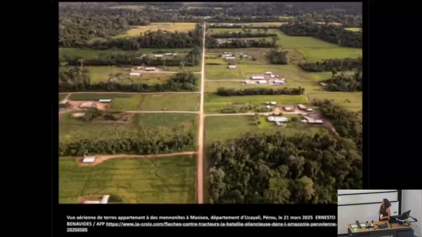This is an aerial view of their colonies, very consistent: north-south, east-west main roads, with houses out from the main center, and then long fields that are not shown here. This is actually a photo of Peru, a very new colony, so there are still some remnants of the forest there.